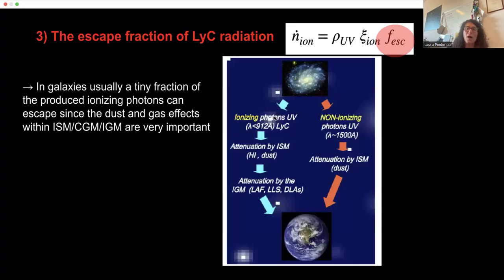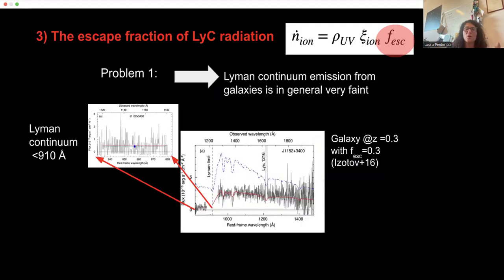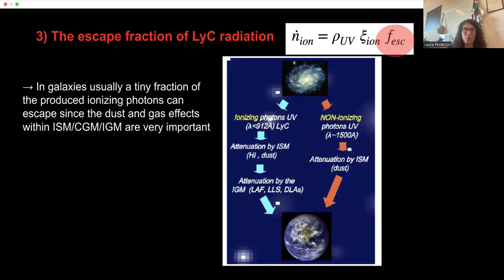Ionizing photons are more suppressed than non-ionizing photons, because the non-ionizing photons are just attenuated by the dust in the ISM, but the ionizing photons are attenuated by everything in the ISM, including H I, and by everything in the intergalactic medium. That's why they arrive much, much fainter than the non-ionizing photons, as can be seen here.